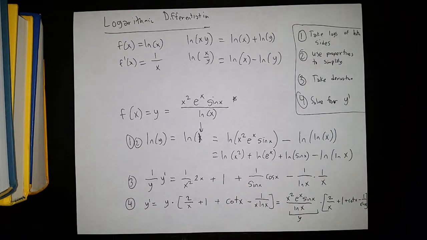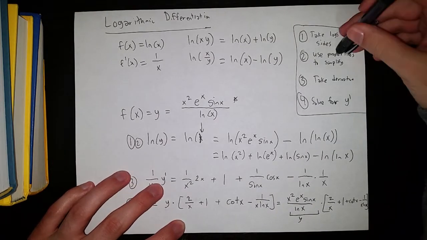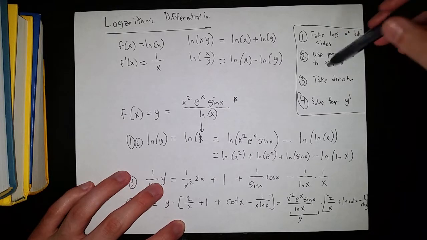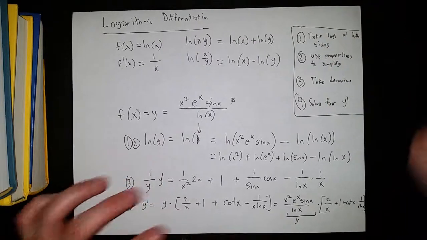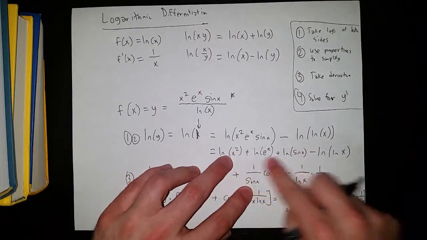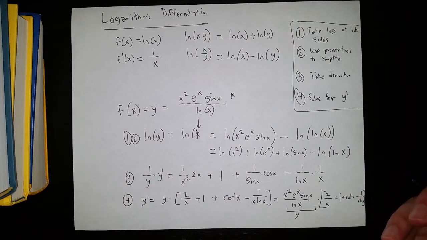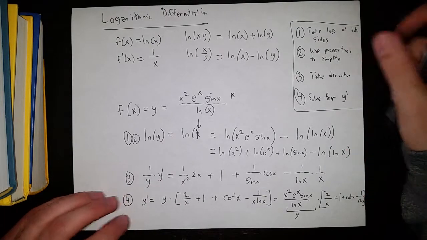Alright, so it's as simple as this. Take logs of both sides, use the properties to simplify, take the derivative of this. You're going to get a bunch of terms, adding and subtracting, and then we solve for y prime.